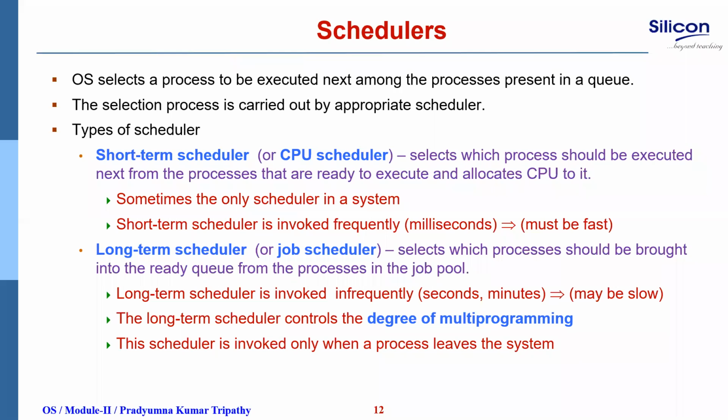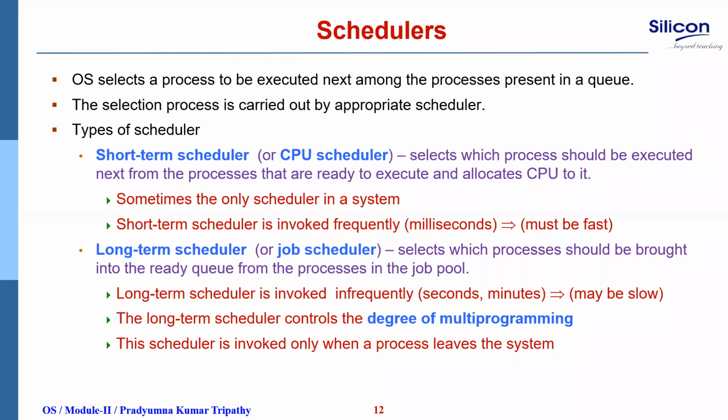Correct? Once the long-term scheduler puts a process in memory and creates a PCB for it, there is nothing more to be done by the long-term scheduler. Bringing the process to the ready queue and creating the PCB for it is the only work of the long-term scheduler. In short, the long-term scheduler is responsible for creation of the process. It will create the PCB for the process.